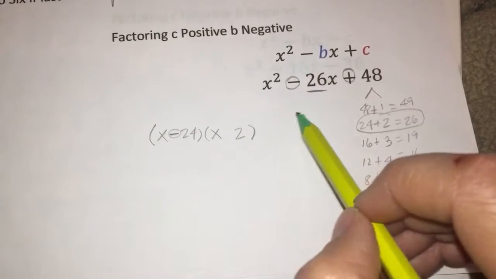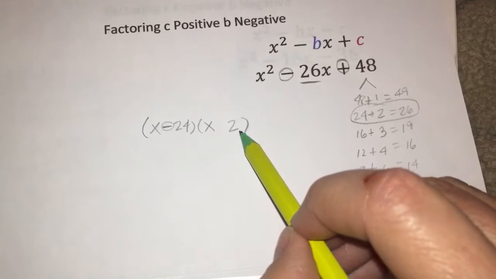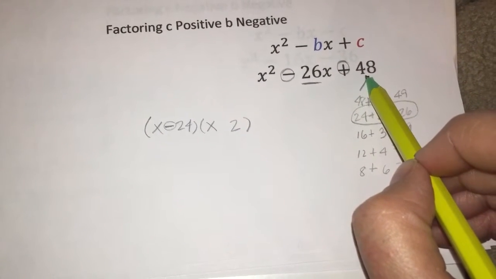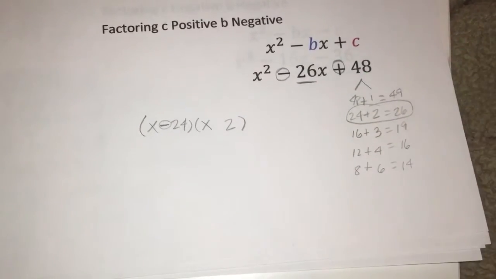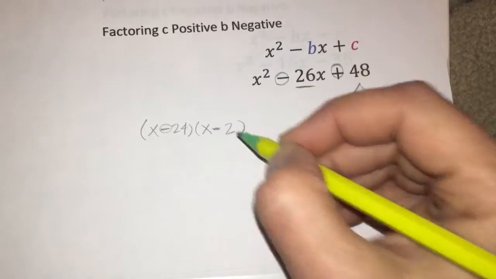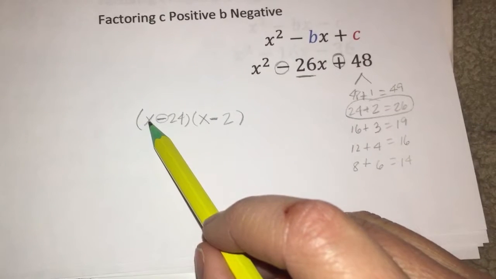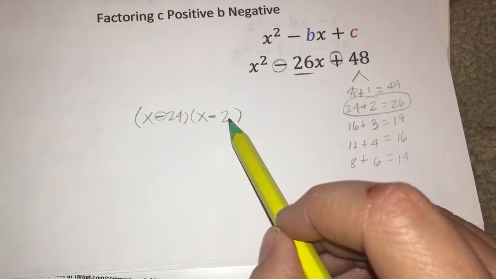The reason they are the same is because when I multiply these two factors together, I must get a positive 48 as my product. The only way to do that is to have a positive times a positive or a negative times a negative. Therefore, this also will be negative. So my two factors will be x minus 24 and x minus 2.